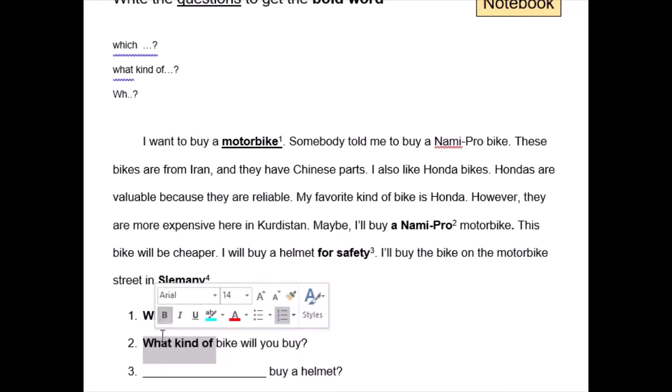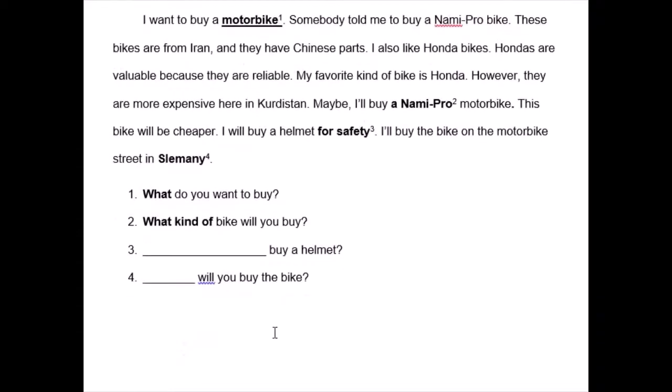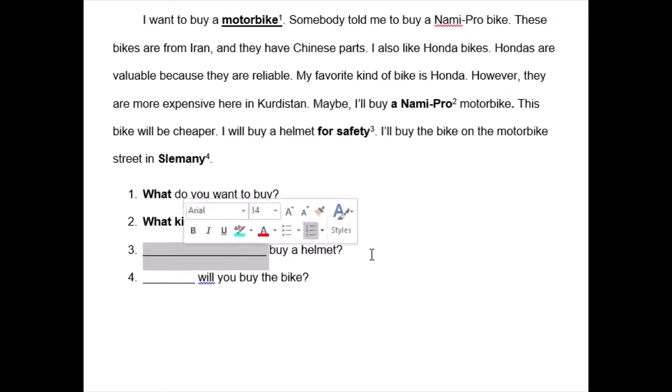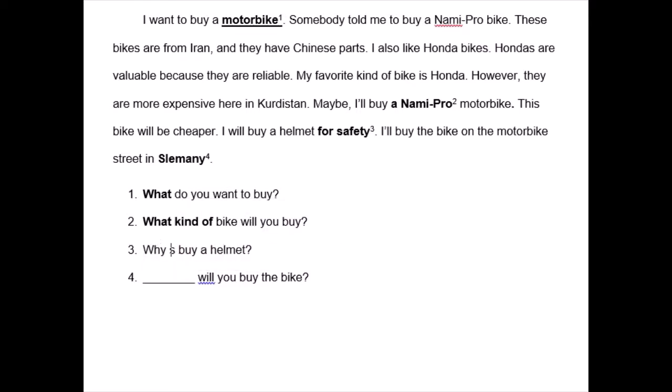Okay. Number 3. Okay, we have for safety. So I will buy a helmet for safety. So for safety, that's like the reason for the helmet. So I need to ask an information question. Why will you buy a helmet?